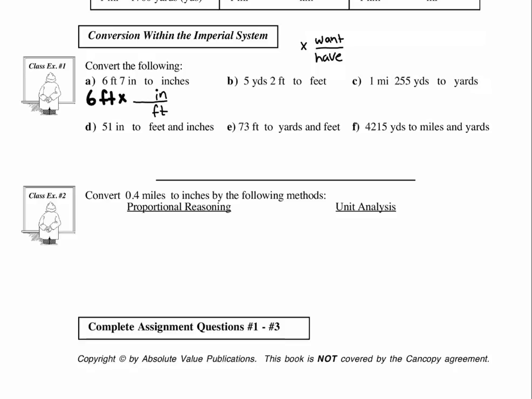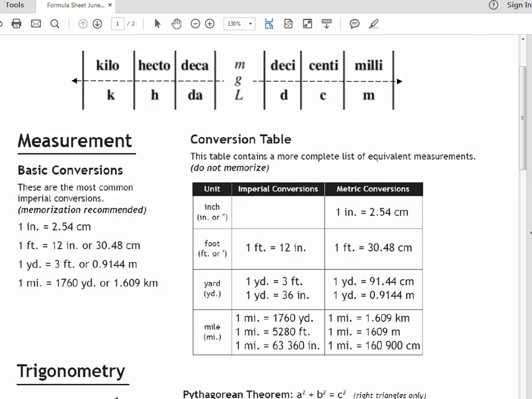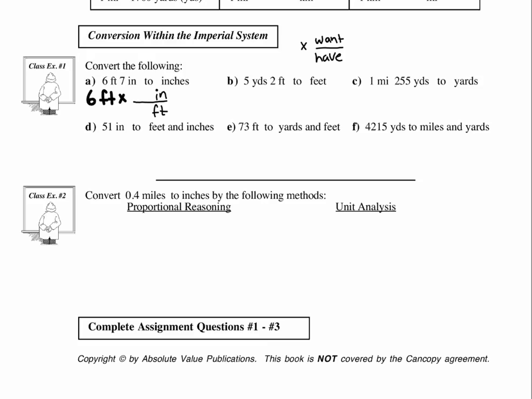So what's the relationship between the inch and the foot? So let's look at this. 12 inches is 1 foot. That's probably one you should know off the top of your head. But if not, it is there.